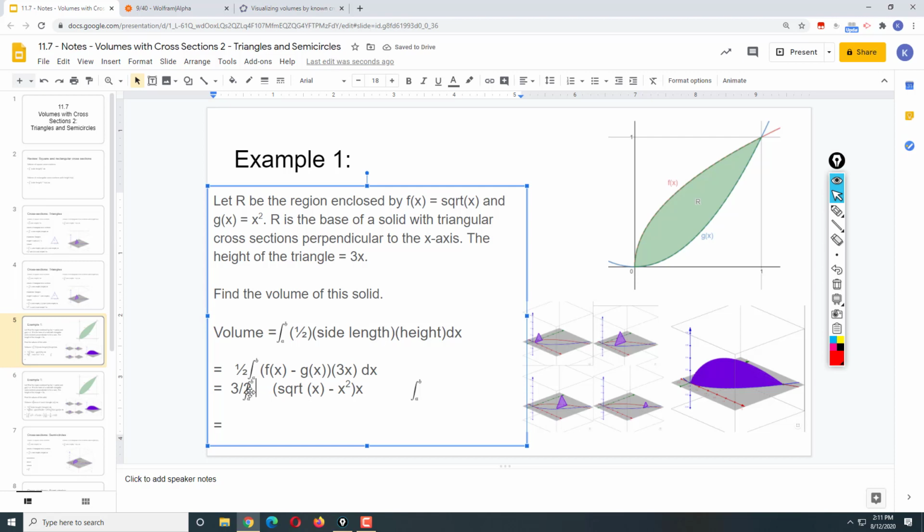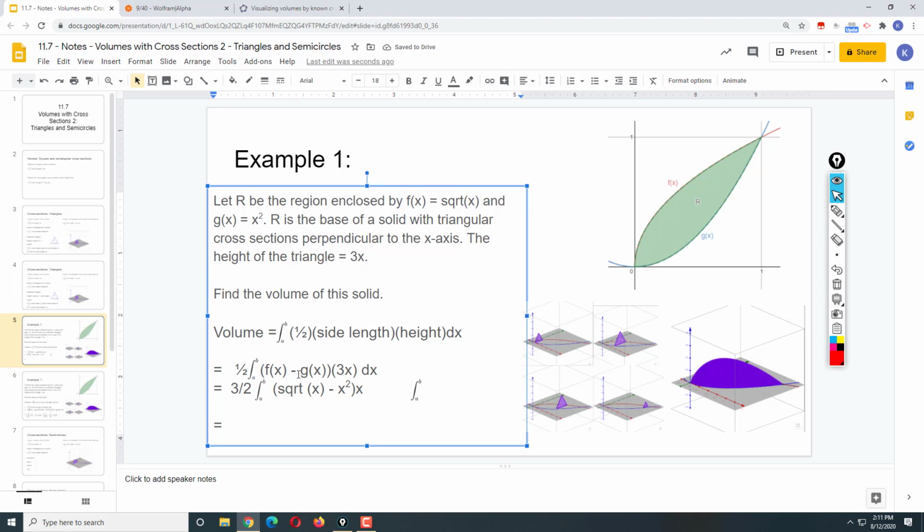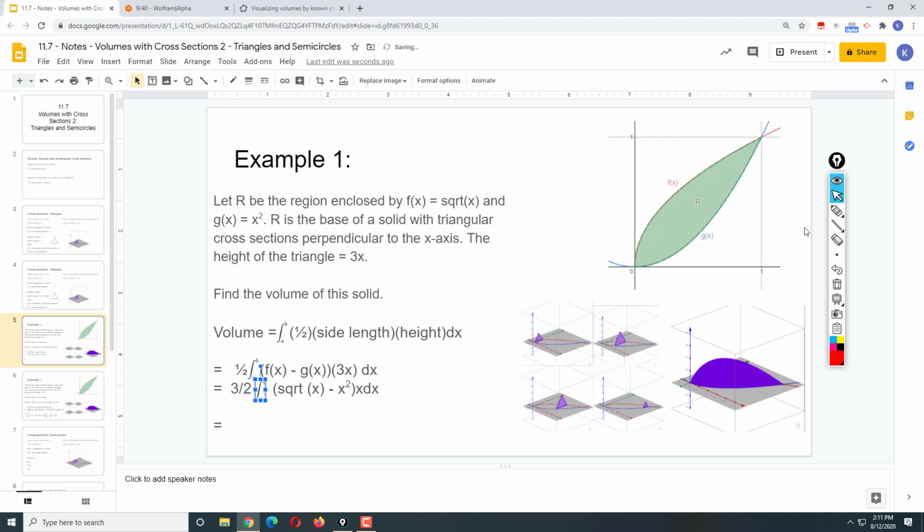So it's 3/2 times the integral from a to b of square root of x minus x squared times x dx. And really, we're integrating from 0 to 1.